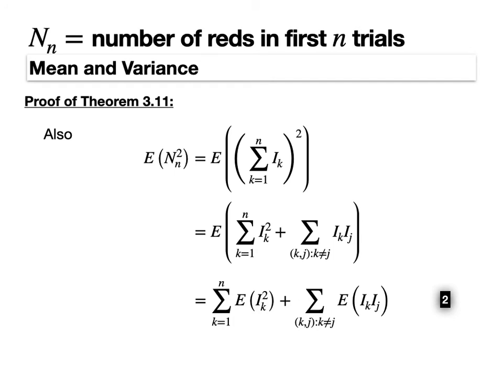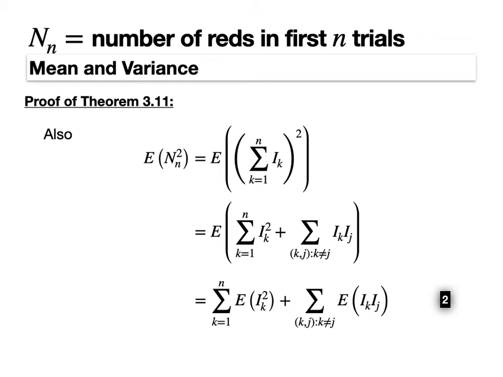For the expected value of the square, it's a little more complicated because we have to do some manipulations with that formula. But again, it depends on the fact that N is the sum of those indicator values. So the expected value of N squared would be the expected value of the square of the sum.